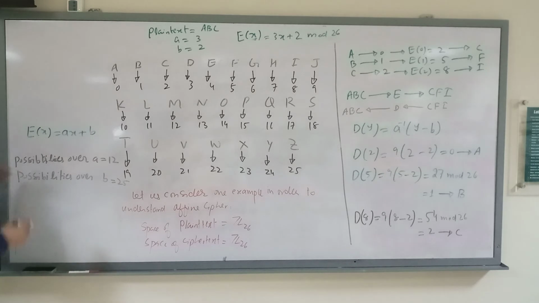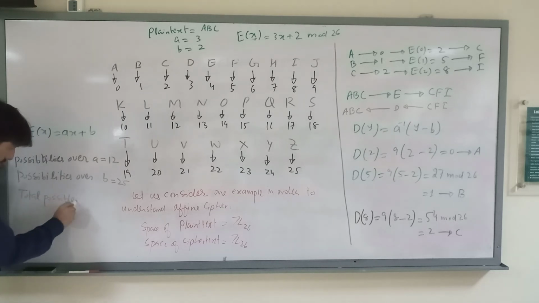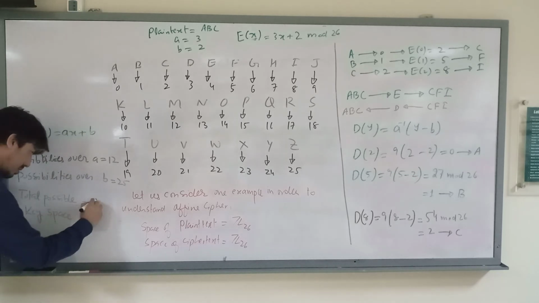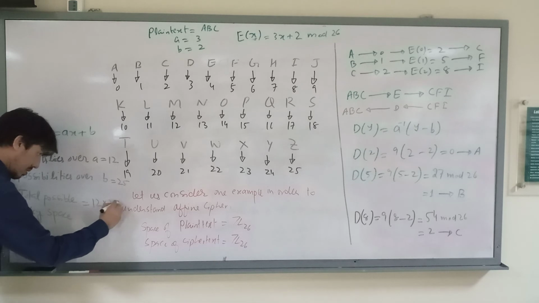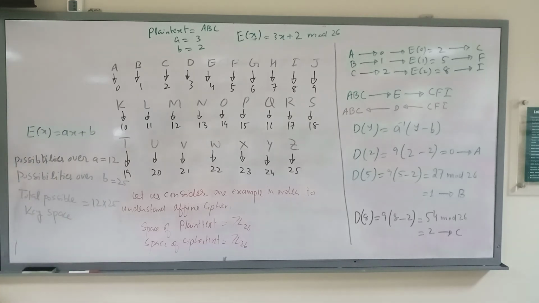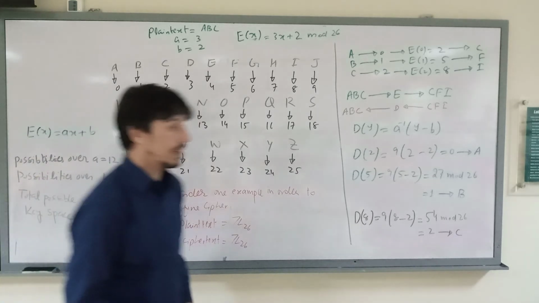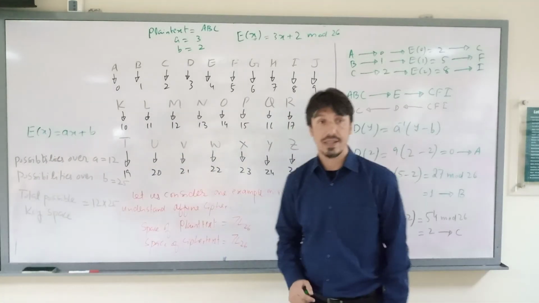So how many total possibilities? So this is the affine cipher.